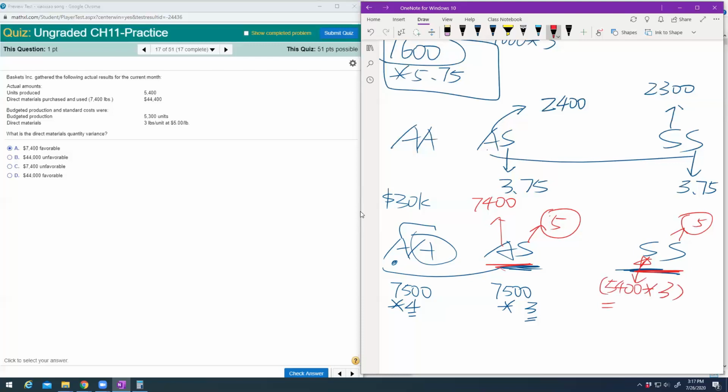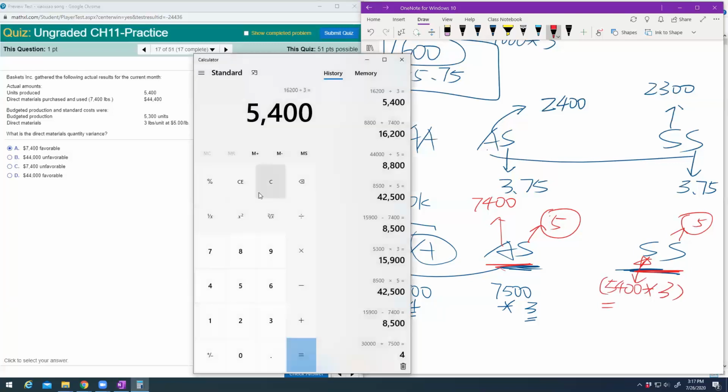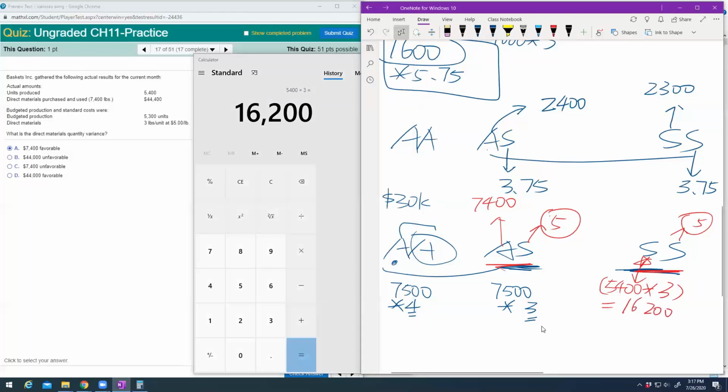That's a big number, right? So let's do this number together. 5,400 times 3 gives me 16,200. So based on the standard, it's 16,200 pounds, but actually you only use 7,400. Wow, you are so great, right?